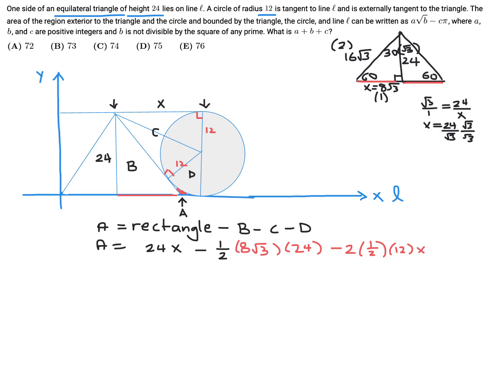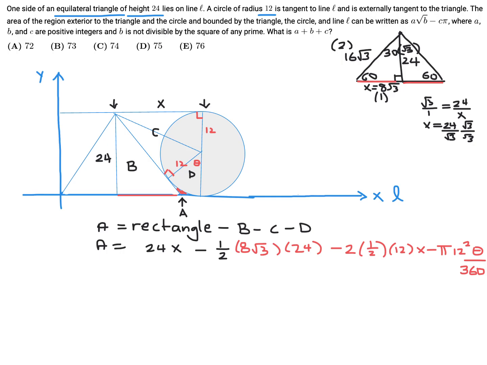And then finally, that sector, which is D, is going to involve an angle. So let me put in that angle first, theta. It's going to be pi r squared, where the radius is 12, and then that theta over 360. And I'm pretty sure that is the way to do it.